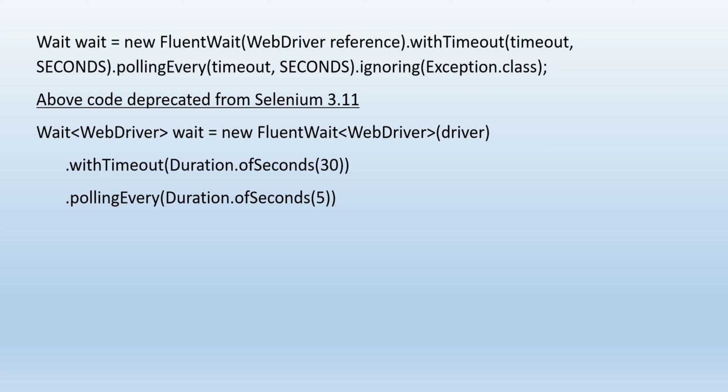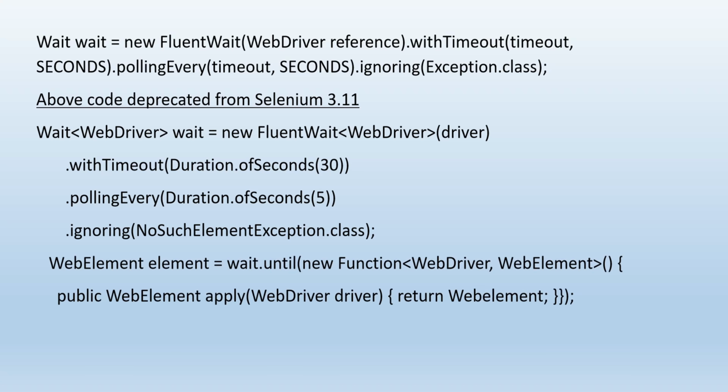We can give that exception, or else we can give Exception.class. But the above code is deprecated from Selenium 3.11. If you want to use Selenium 3.11 and future versions, we need to use WebDriverWait wait equal to new FluentWait(driver).withTimeout(Duration.ofSeconds) and pollingEvery 5 seconds.